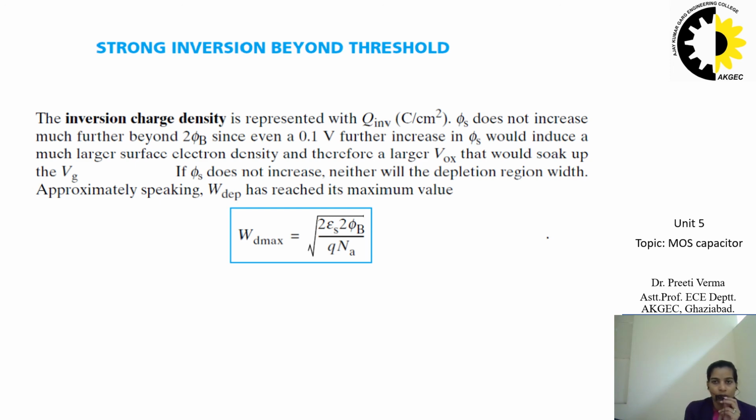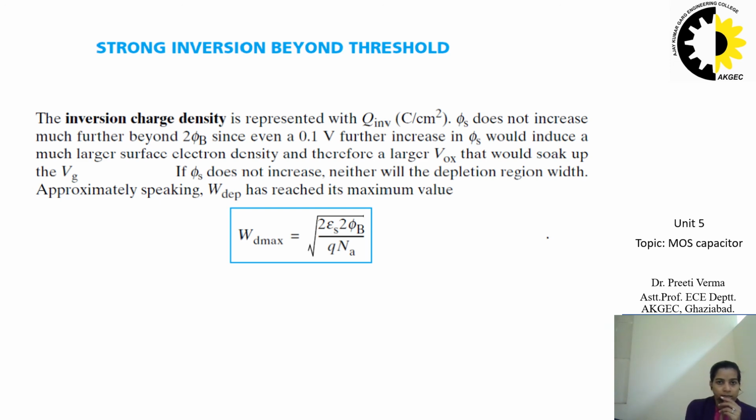Phi s does not increase much further beyond 2 phi B, since even at 0.1 volt above phi B, further increases in phi s would induce a much larger surface electron density and therefore a large value of Vox that will soak up the Vg.